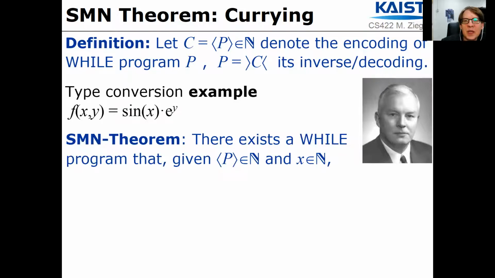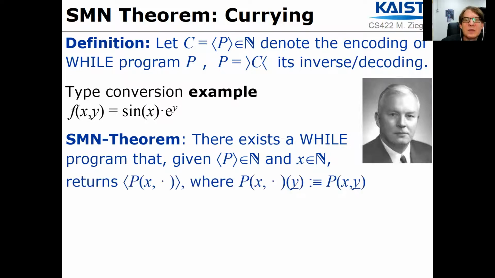And yeah, we talked about type conversion mathematically and the algorithmic version, saying there's an algorithm that converts a given algorithm that receives two arguments, given a fixed value for the first argument, into an algorithm that only receives and acts upon the other argument.